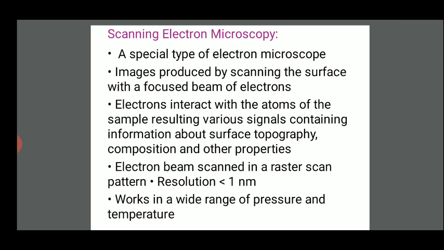The electrons interact with atoms of the sample, resulting in various signals containing information about surface topography, the composition, and other properties. The electron beam is scanned in a raster scan pattern, and its resolution is less than 1 nanometer. So it works in a wide range of pressure and temperature conditions.